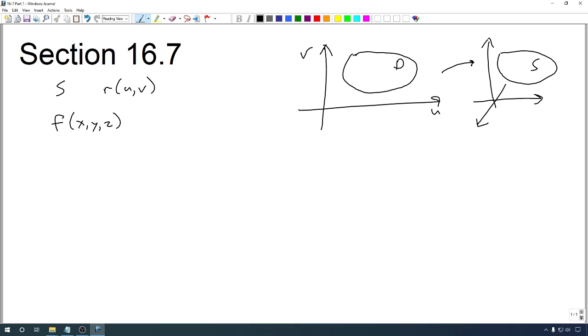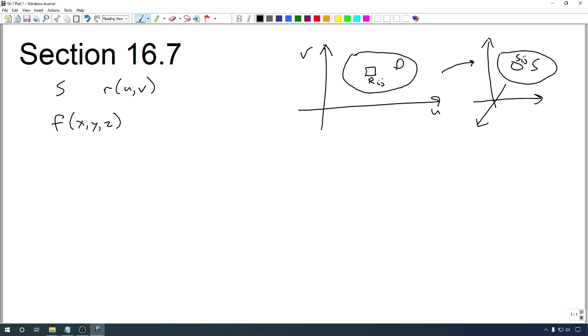And we're going to approach this the same way we did surface area in the last section, where we take small rectangles in D. So let's say this is a rectangle Rij. This maps onto some section of our surface, maybe we'll call this Sij.